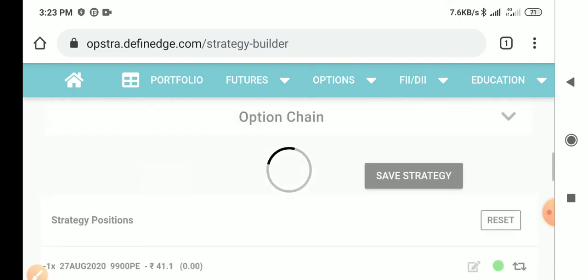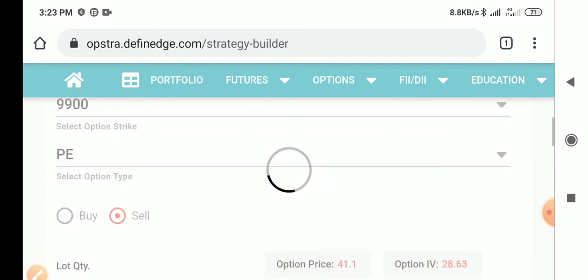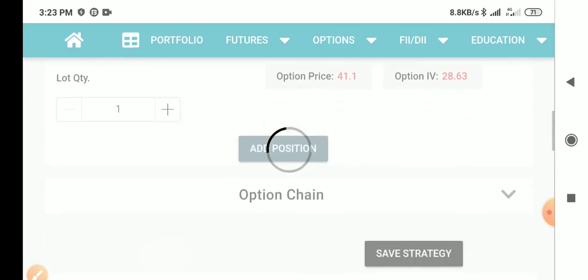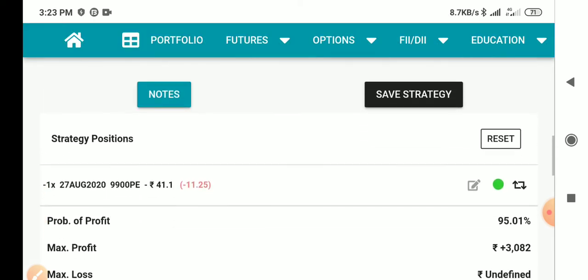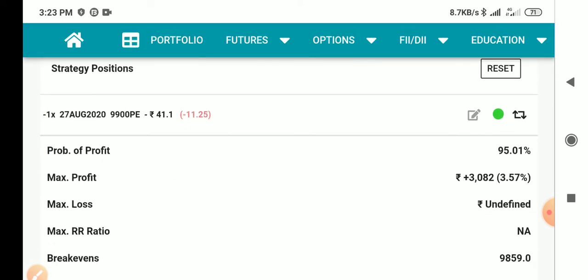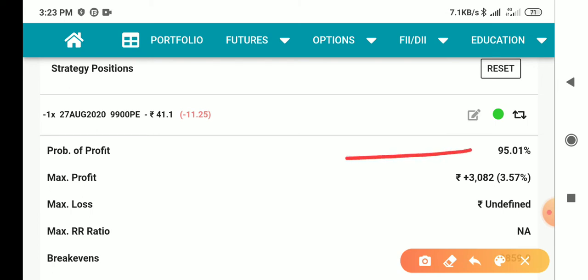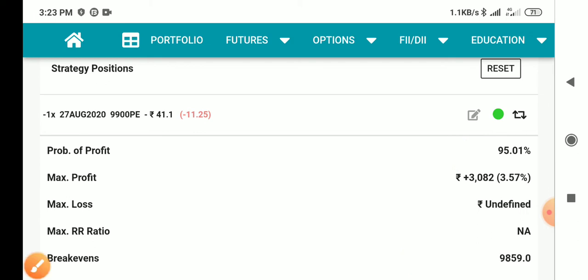Net is very slow, it seems. Yes, it's now added. See the probability of profit, 95.01. Above 65, it's a very good probability of profit.